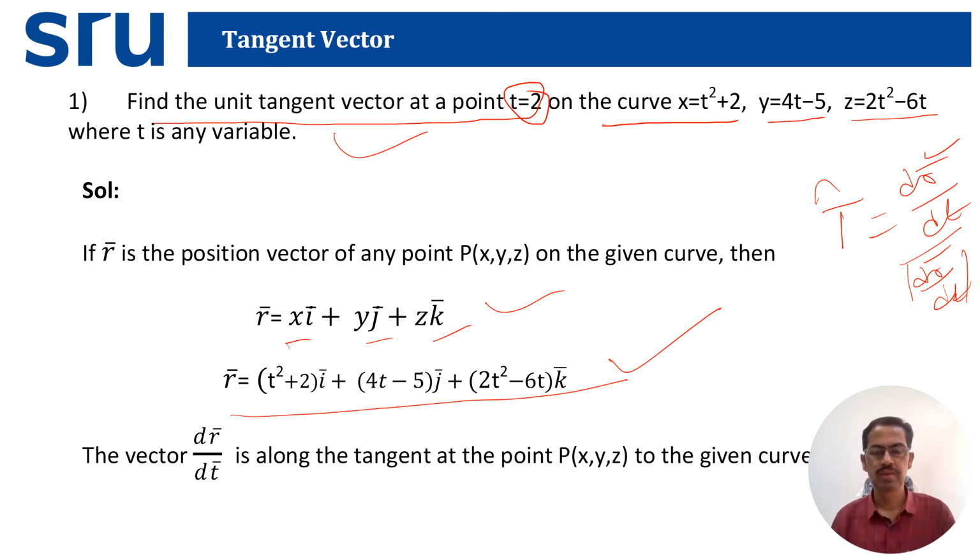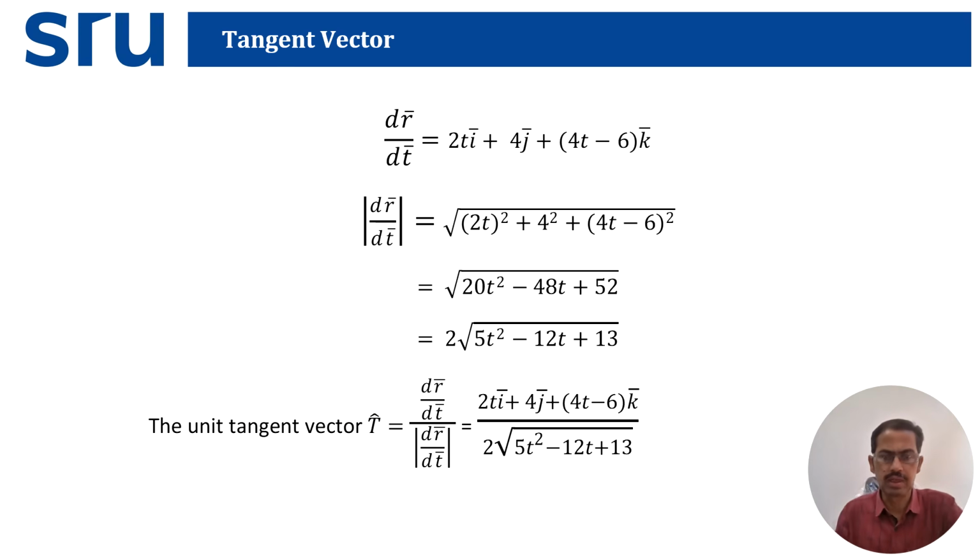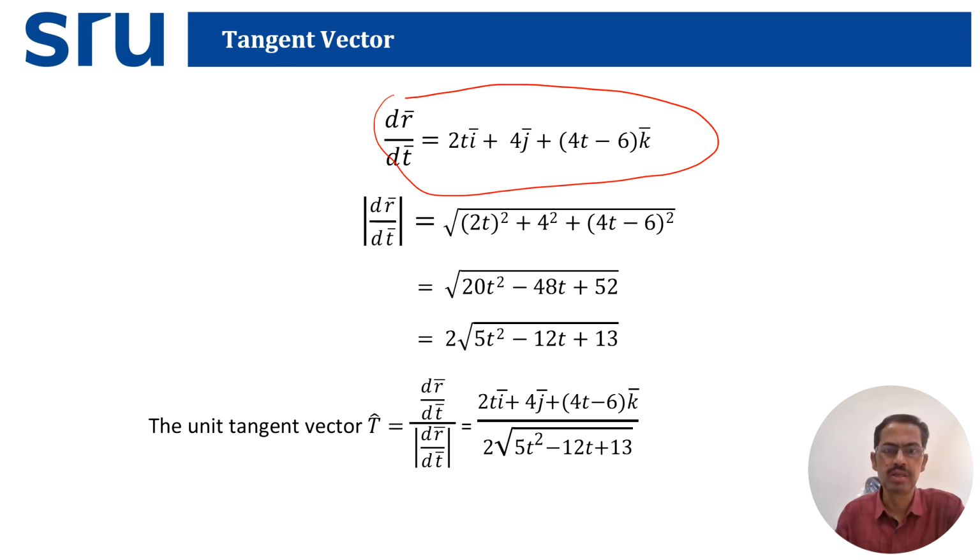So calculate dr bar by dt: differentiate with respect to t. The derivative of t square is 2t, and the derivative of 4t with respect to t is 4.